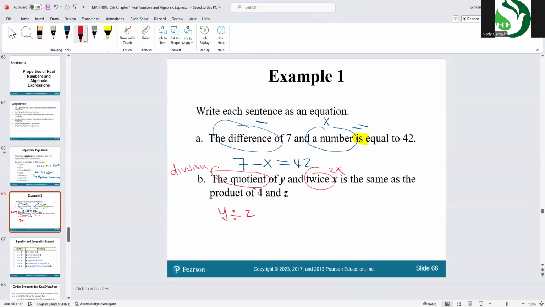So twice x is, means equals, is the same as the product. Product means multiplication. Remember, product means multiplication. Is a product of 4 and z. That means 4 times z. So you see, this is how you can translate sentences into a mathematical model.